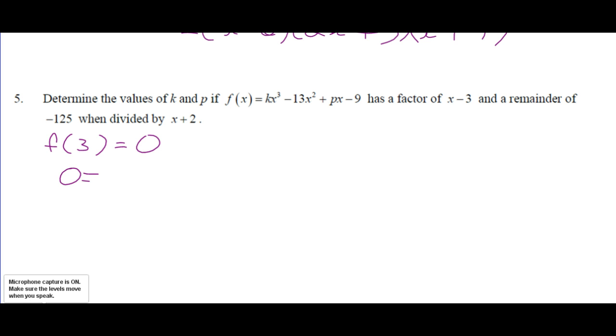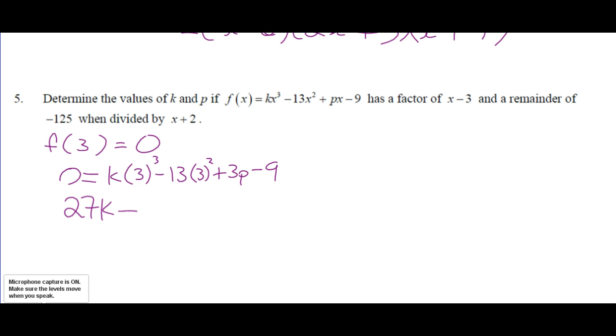So we can say 0 is equal to k times 3 cubed minus 13 times 3 squared plus 3p minus 9. And you can see we're getting an expression in k and p, right? Which is what? So we get, let's flip things around. So 27k.